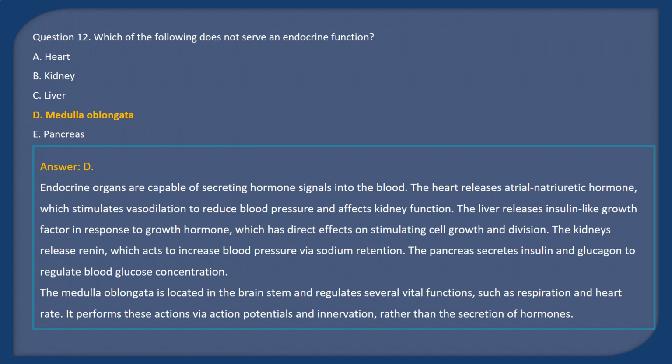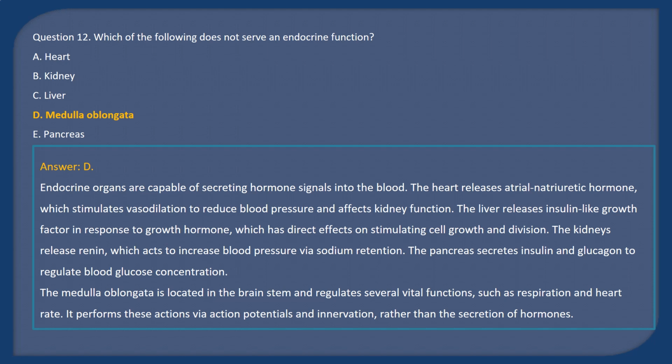The liver releases insulin-like growth factor in response to growth hormone, which has direct effects on stimulating cell growth and division. The kidneys release renin, which acts to increase blood pressure via sodium retention. The pancreas secretes insulin and glucagon to regulate blood glucose concentration.